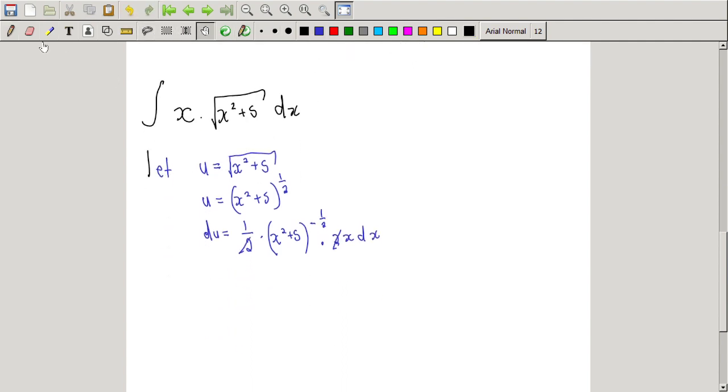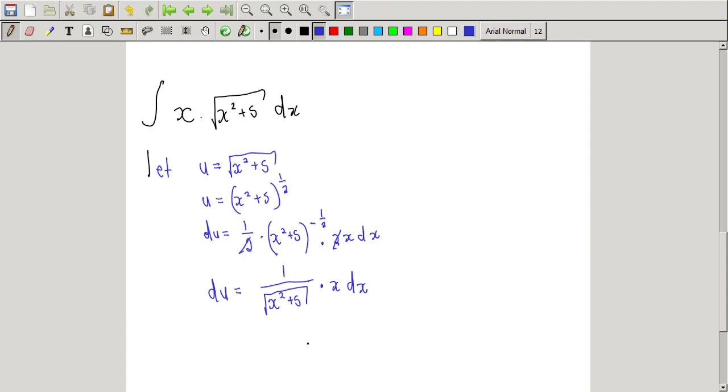We're going to be left with du equivalent to 1 divided by the square root of x squared plus 5, times x dx.